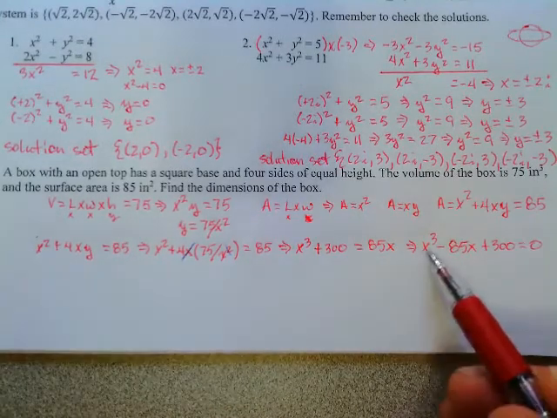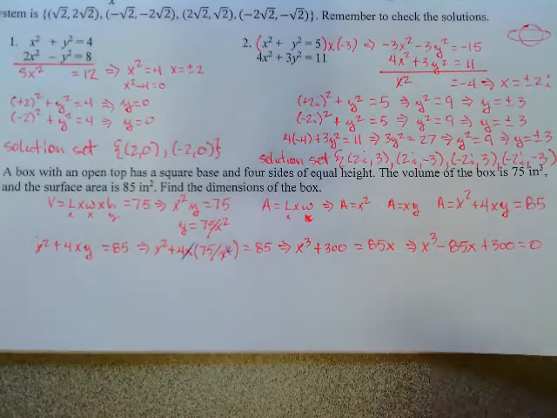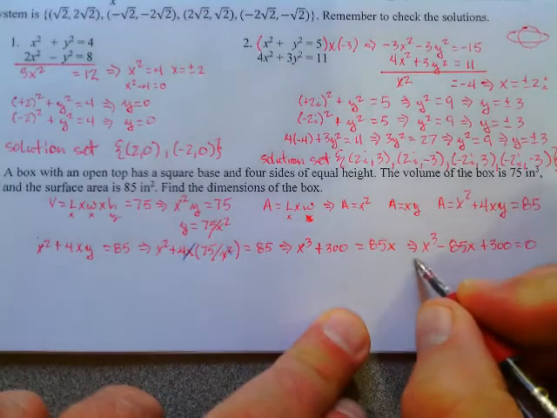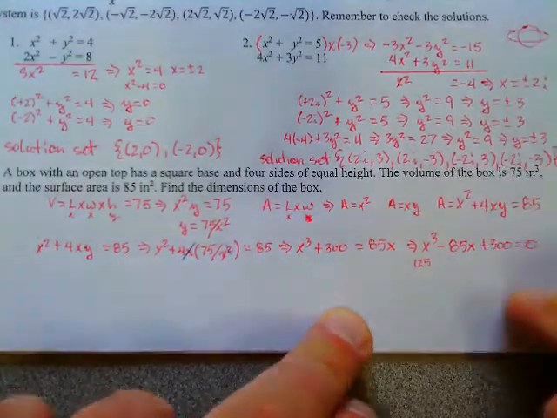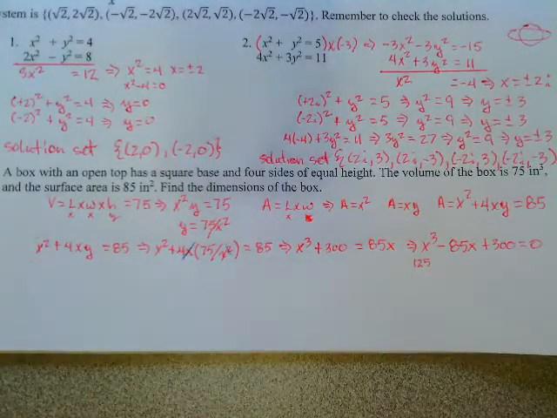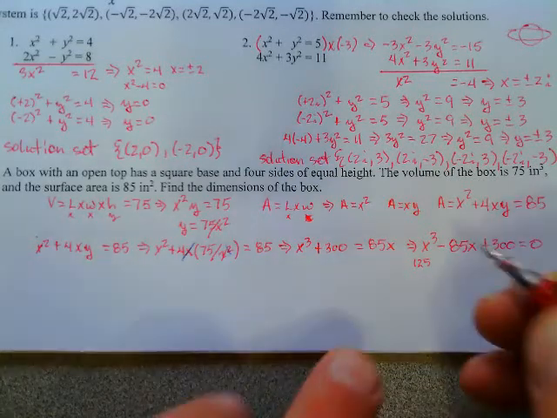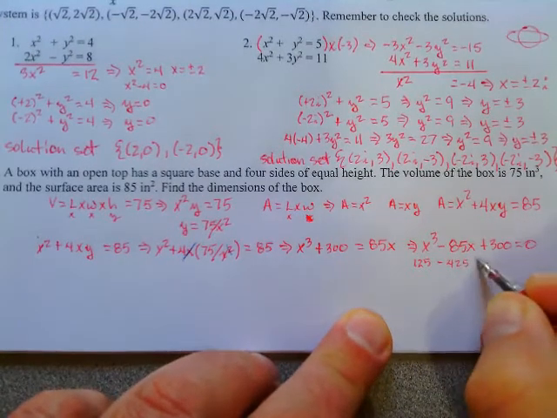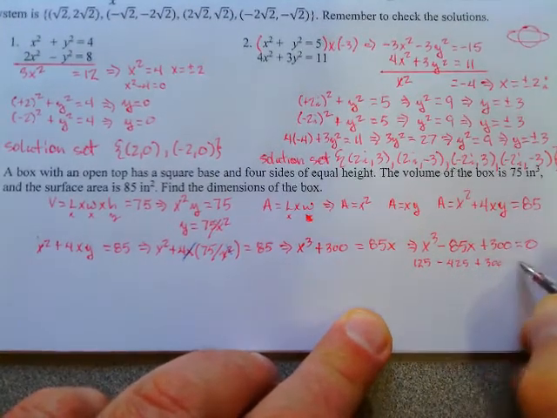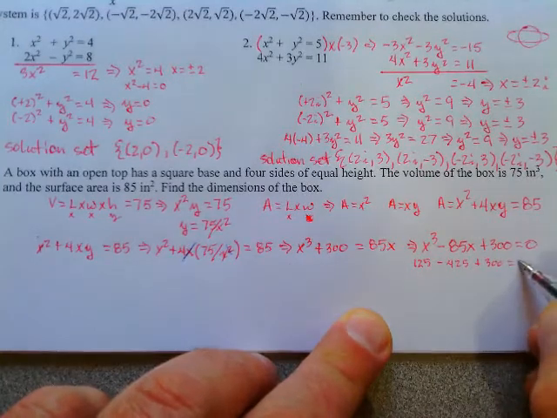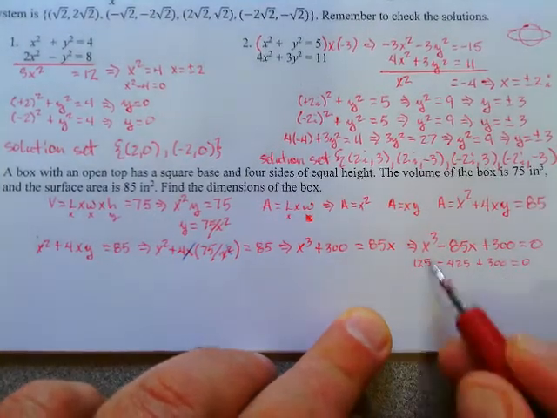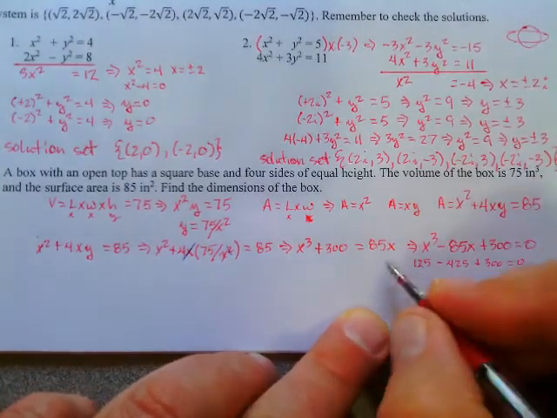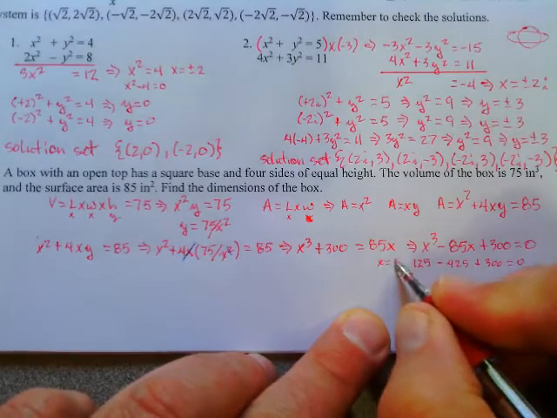If we did 5 cubed, that part would be 125. Then if we did 85 times 5, that would be subtract 425 plus 300, and so that would give us 0, and that does make sense, and that's with x equaling 5.